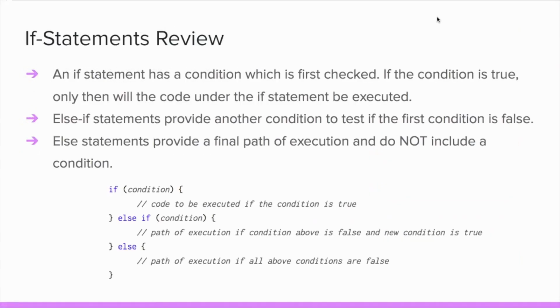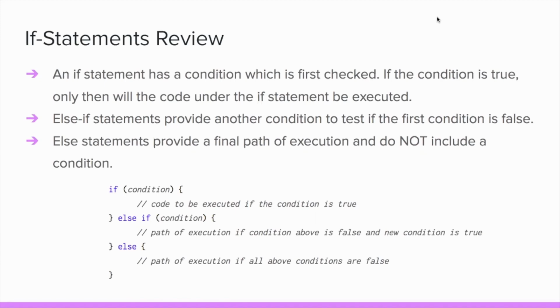We will quickly review some key concepts from our Lesson 2 video on if statements. If you have not yet watched that lesson, we recommend that you watch it before continuing this one. An if statement has a condition which is first checked. For example, a condition may include checking if a variable is less than a certain number. If this condition is true, only then will the code under the if statement be executed.